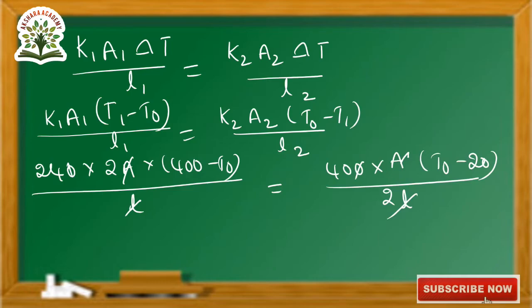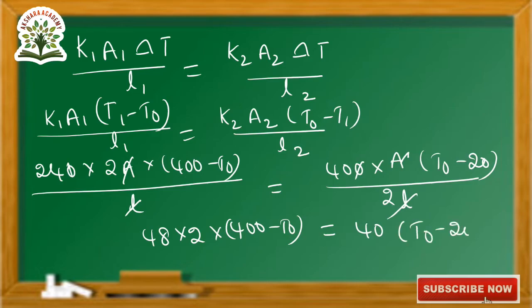Taking cross multiplication, 2 into 24 is 48, that is 2 into 24, 48, into again 2, of (400 minus T naught) is equals to 40, anything not there means 1 into 40, 40, into (T naught minus 20).